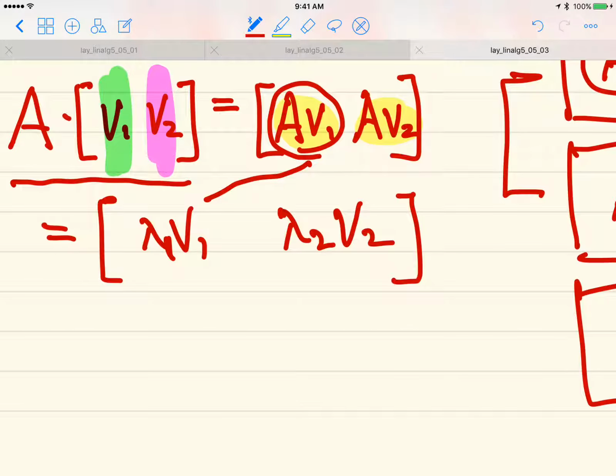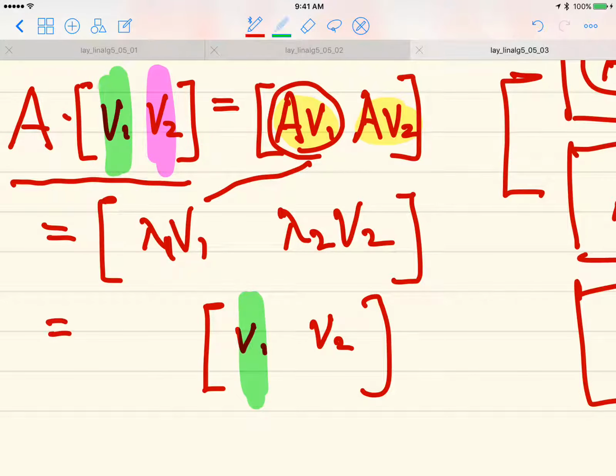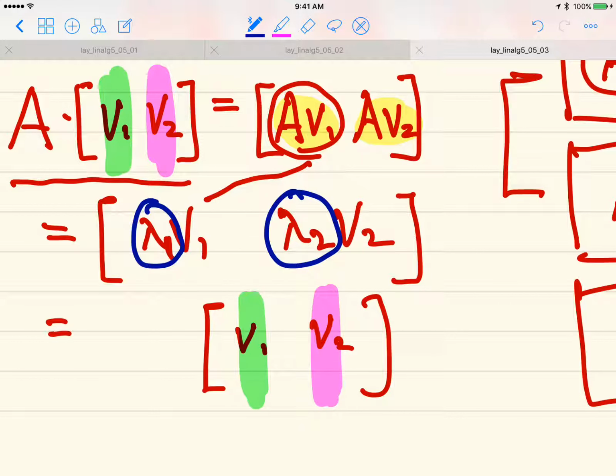Okay, and then we can factor this out in an interesting manner, so we have the same vectors V1 and V2. Okay, and then how can we factor those lambdas, lambda 1 and lambda 2, as their own matrix?